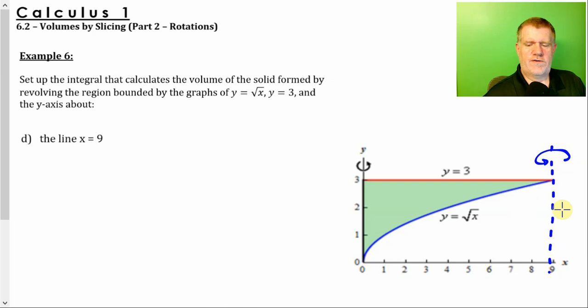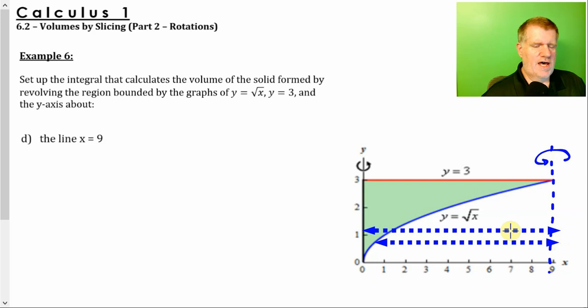So here's our rotation. Let me draw an arrow. I've got all this gap in here, and I'm going to hit that. That's going to be my outer radius when I spin this around, and this is going to be my inner. I'm definitely going to have a gap in this case, so if I have a gap, it's a washer method.